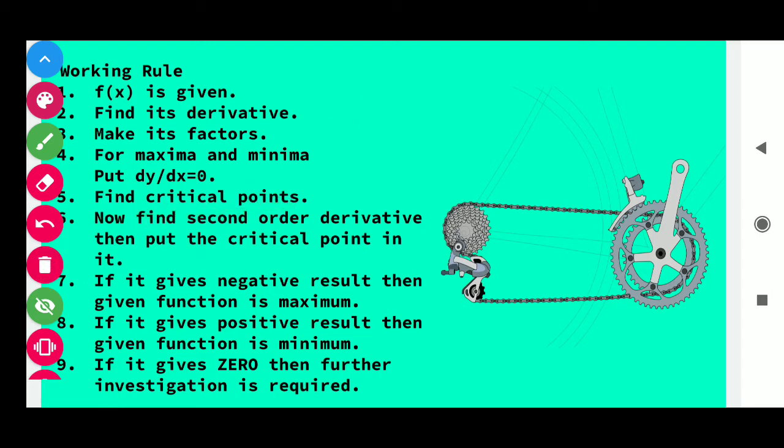Now find the second order derivative for the test of maxima or minima, and in this second order derivative we put the critical points one by one. If it gives a negative result, then the function is maximum. If it gives a positive result, then the function is minimum. So students, if it gives a 0 result, then further investigation is required.